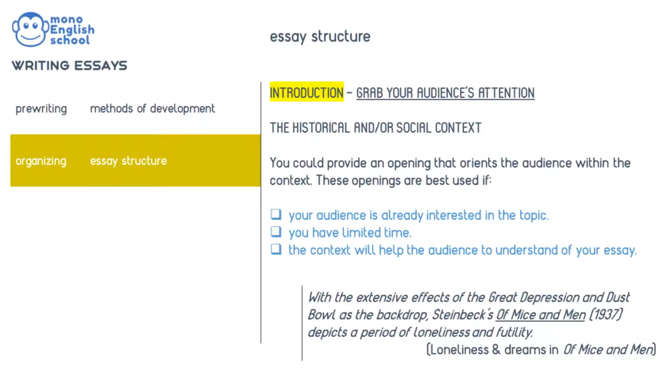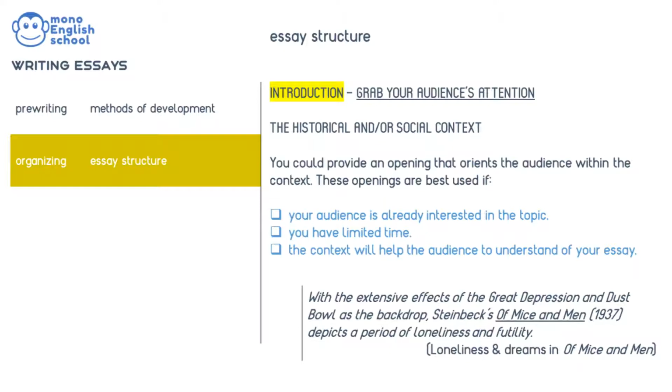It is also another good approach if you have limited time. And finally, it is a good approach if the context you provide helps the audience to understand your essay more deeply. For example, you could use it to contextualize your argument within a broader subject area.